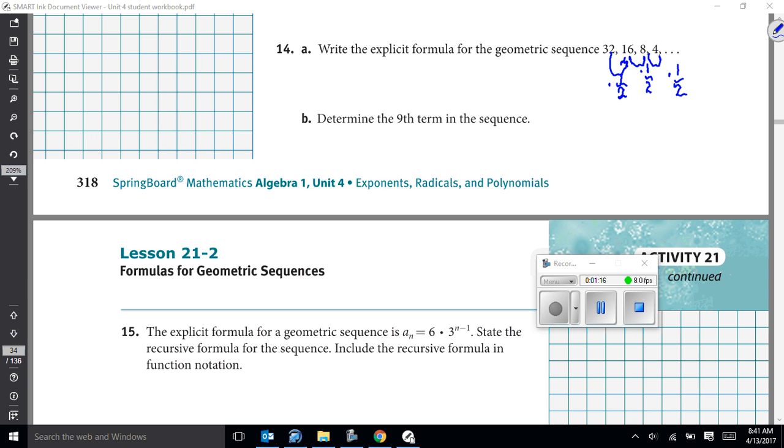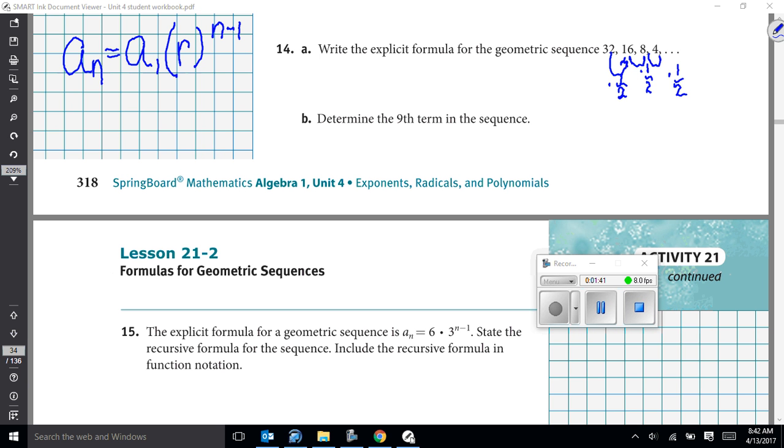So let's write the explicit formula for this. Our pattern is a sub n equals the first term of our sequence times our r value, which is the number that we're multiplying by, and then it's n minus 1, because we're taking the previous term.